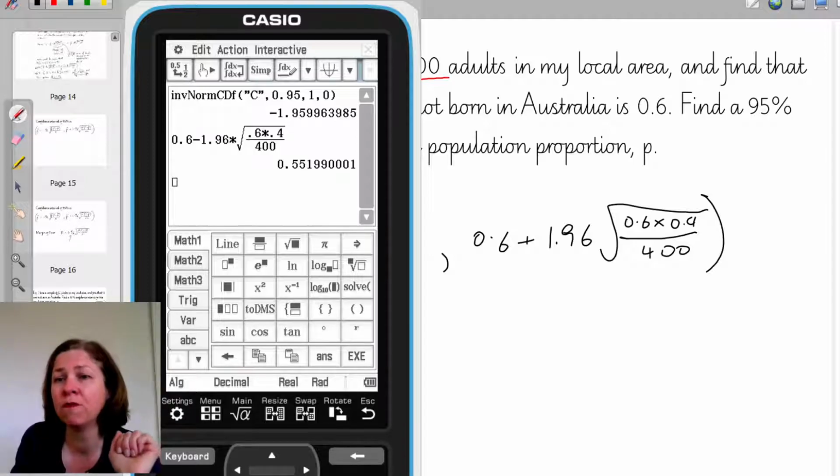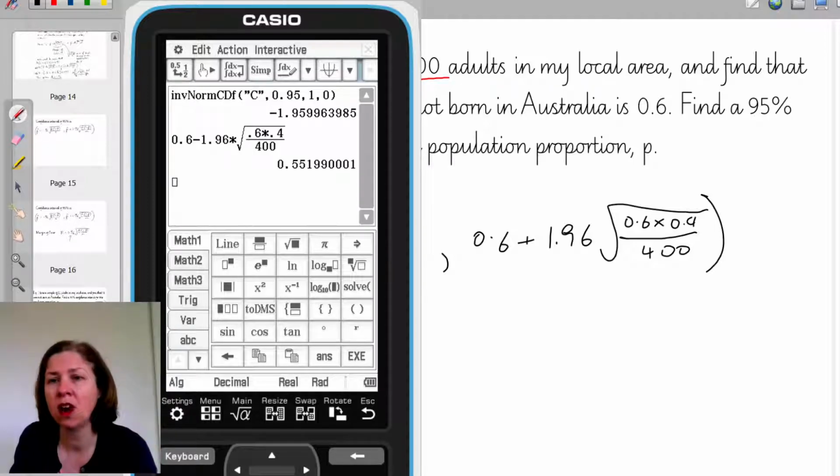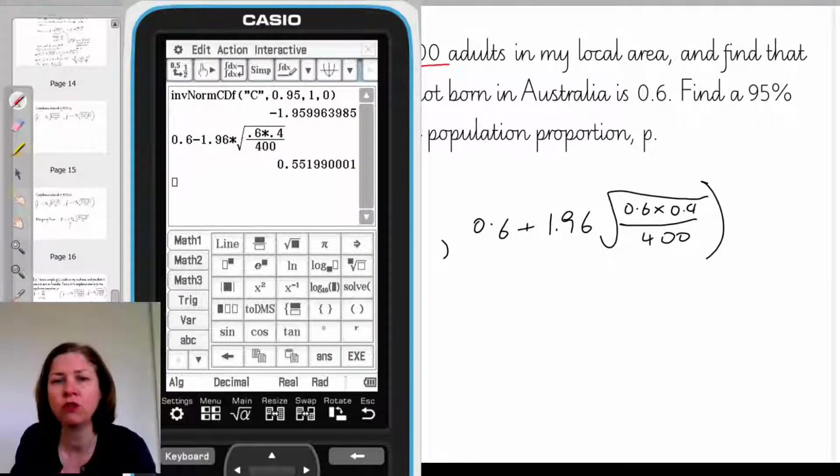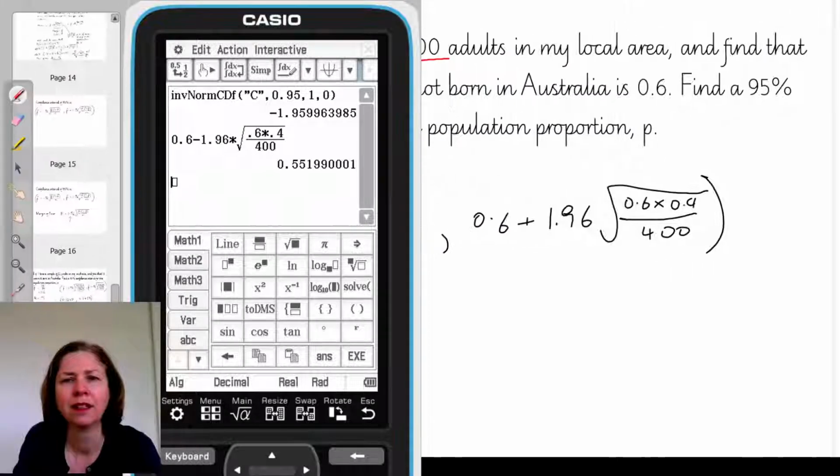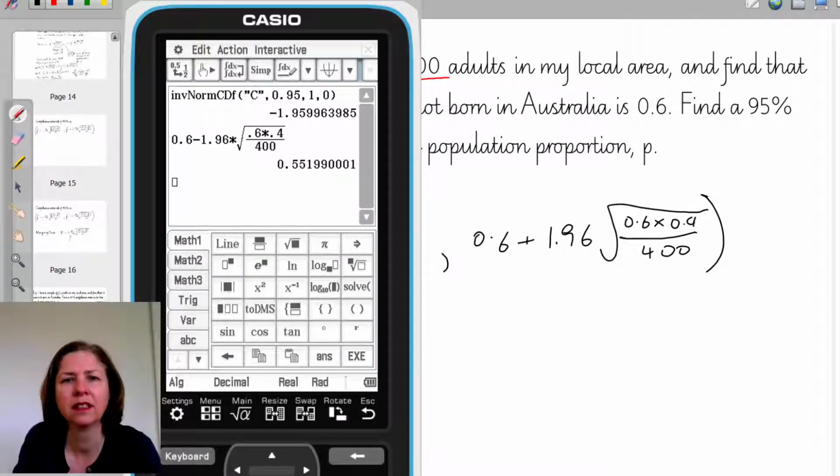I get 0.55199, 0.5520. You can't see that, I'll show you in a moment. Oops, I'm moving the wrong thing.